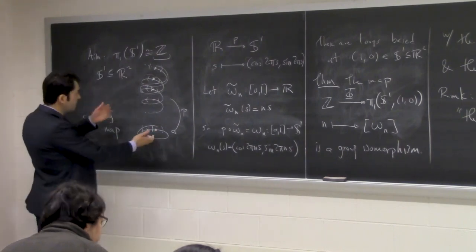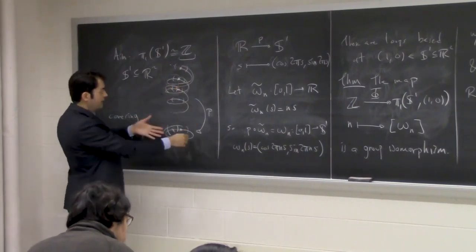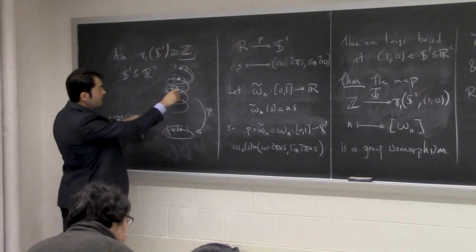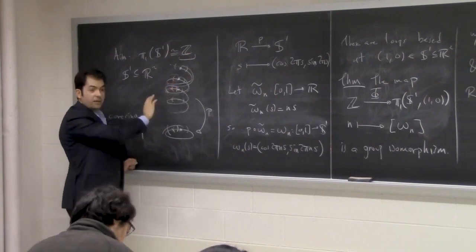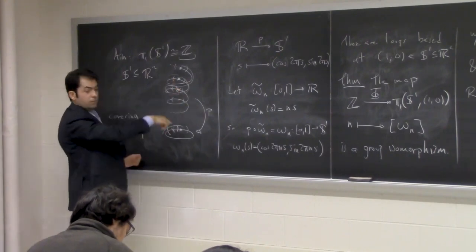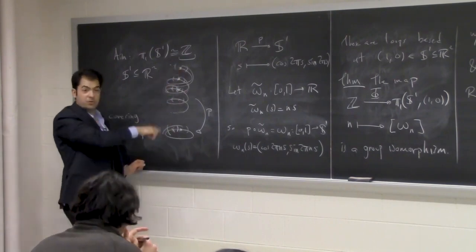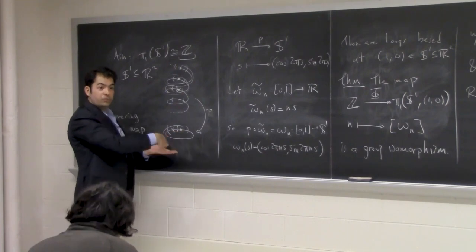Okay, so coming back to the picture, this map goes the other way. Instead of taking a loop down here and lifting it up, we're saying look up here and look at all of the paths that just go at constant speed from 0, which is one of these preimages, to any other of the preimages, right? And project those down. Those give you loops.